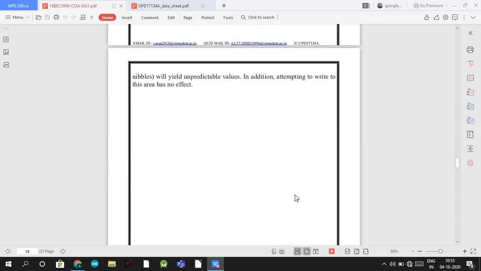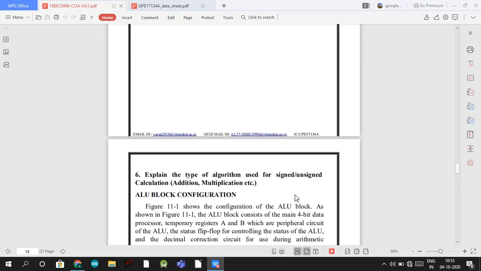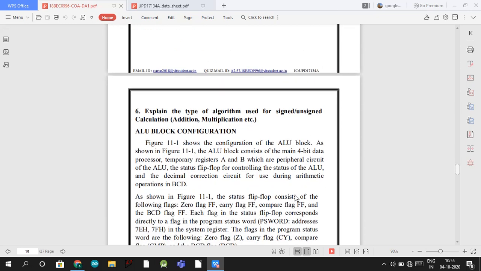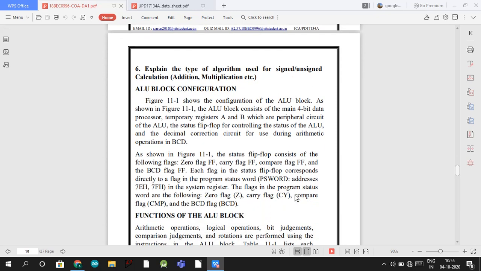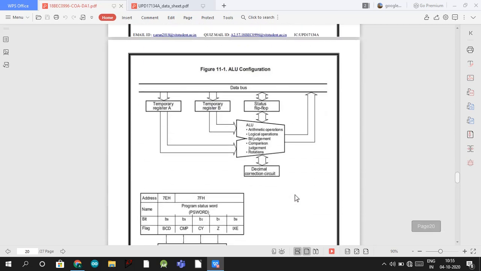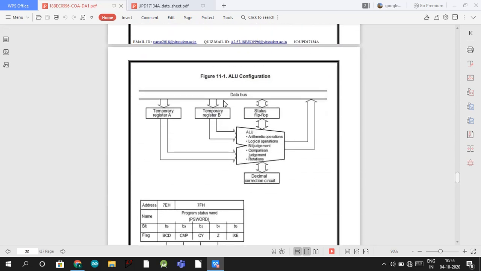Okay, let's see about the arithmetic logic unit. It is used for unsigned and signed addition and multiplication. These are the functions. You can see the functional diagram of the arithmetic logic configuration. It has temp register A and temp register B, and one status flip-flop.